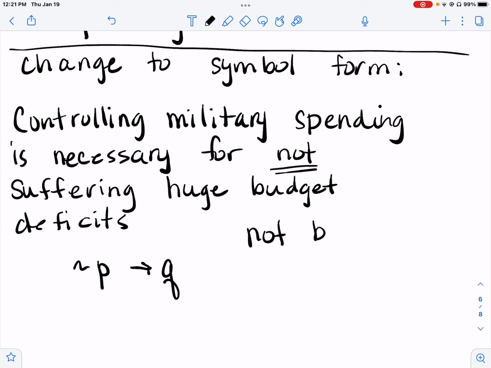Not having a budget deficit leads to controlling spending.